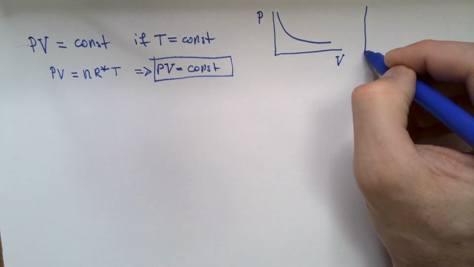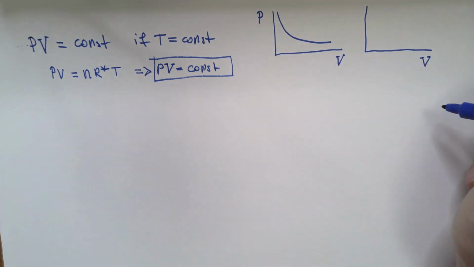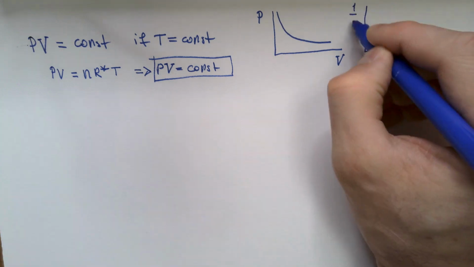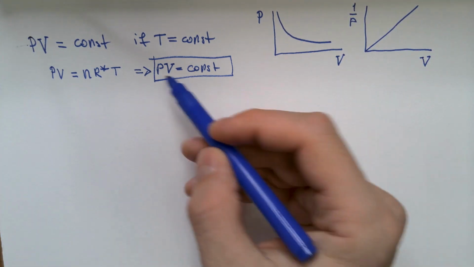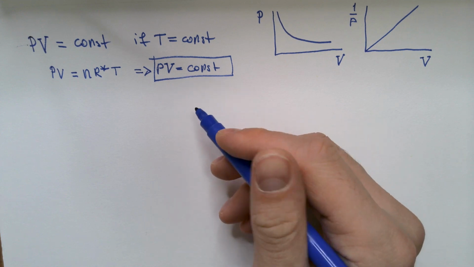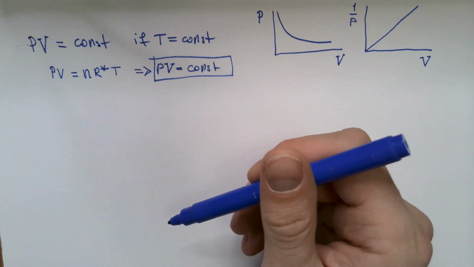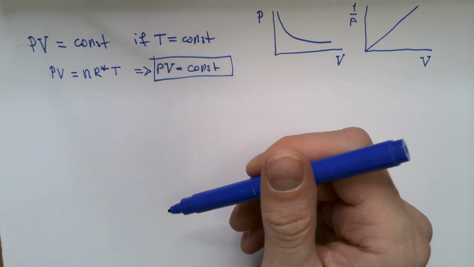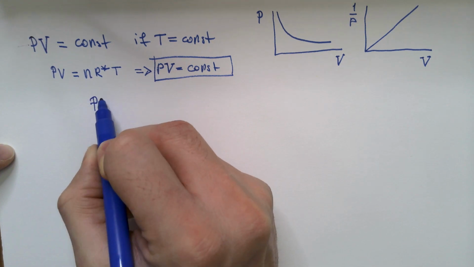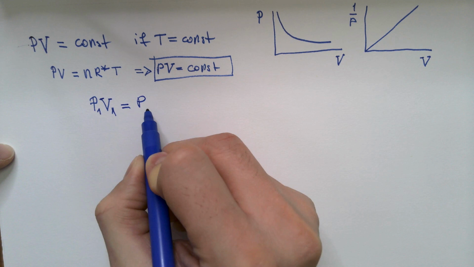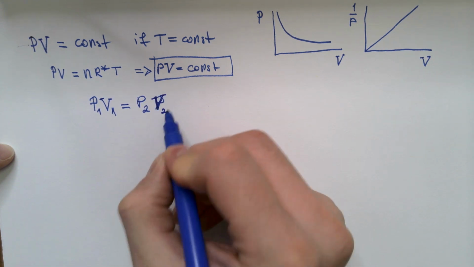Or sometimes people like to represent this in a linear way, but then here you have to plot 1 over P, and then the line gets straight. The most important application, of course, of Boyle's law is to say if we have gas at same temperature, but at two different pressure and volume conditions, then we know that pressure 1 times volume 1 is pressure 2 times volume 2.